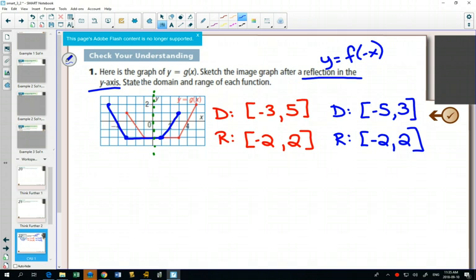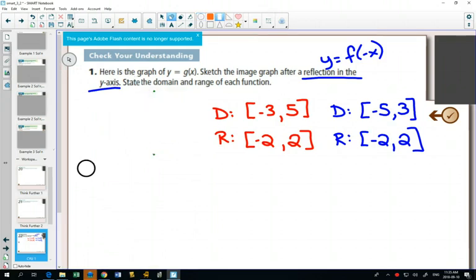And the reason I want you to think about these things is because in this example that we just did, we were given the graph, and we can get domain and range right from the graph. But sometimes you won't be given the graph. The graph is gone. You won't be given the graph, but you will be given the range and domain of the red graph. Could you find the domain and range without the graph there?